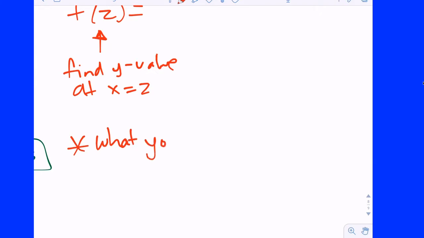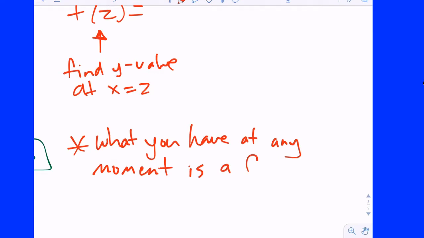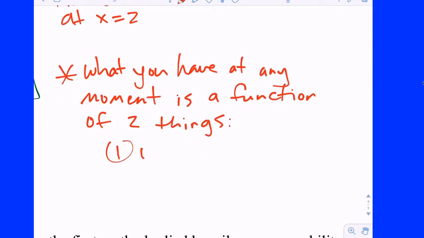What you or I or anyone has at any moment, and you can decide what it is you have, but what you have at any given moment is right now a function of two things. Number one, what you started with.